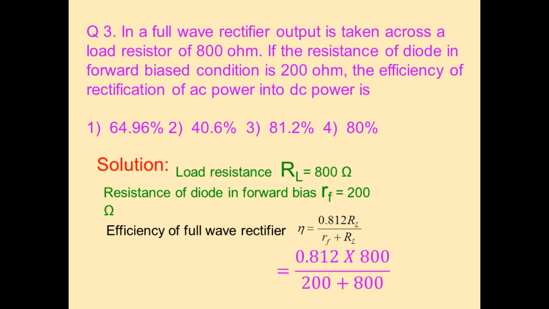Okay, the load resistance is given as 800 ohm, RL equal to 800 ohm. The resistance of diode in forward biased condition is 200 ohm.